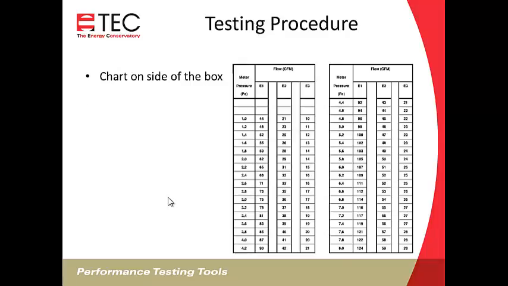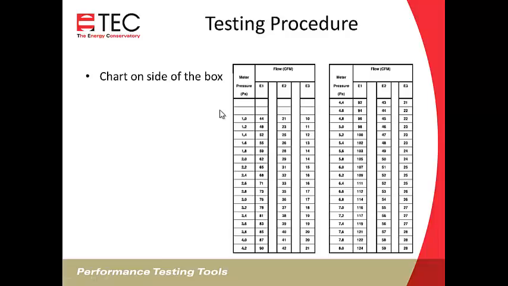If you're using a gauge that isn't a pressure and flow gauge, that has the exhaust fan flow meter as an option, then you will use the chart on the side of the box.